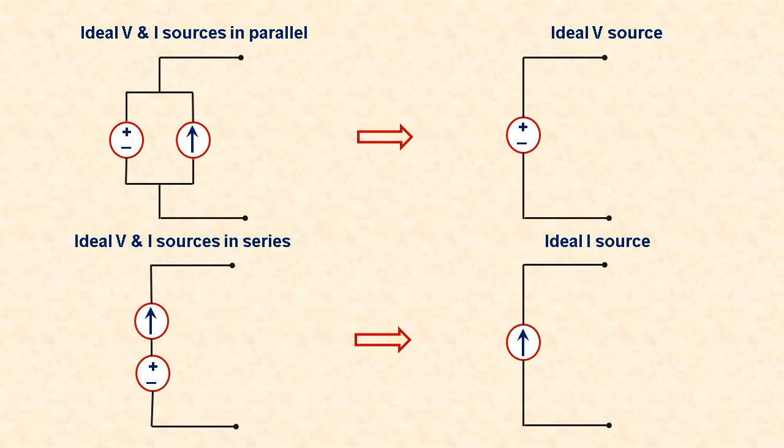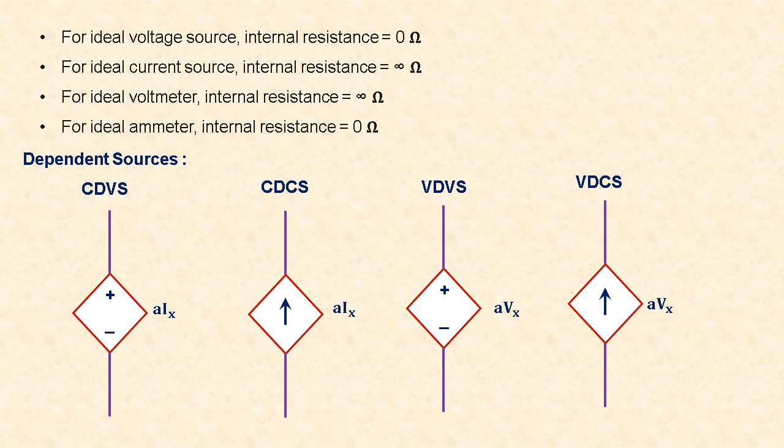Suppose an ideal voltage source and an ideal current source are connected in parallel, it is equal to the ideal voltage source. Similarly, if an ideal voltage source and current source are connected in series, it is equal to ideal current source. And you should remember one thing, that for ideal voltage source, internal resistance is equal to 0 ohm.